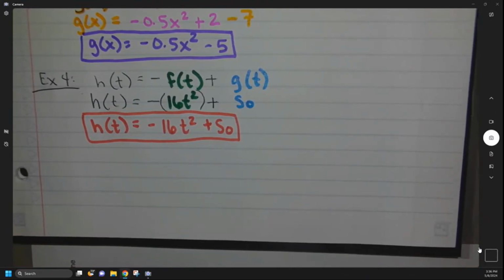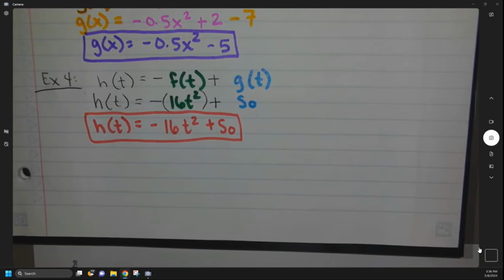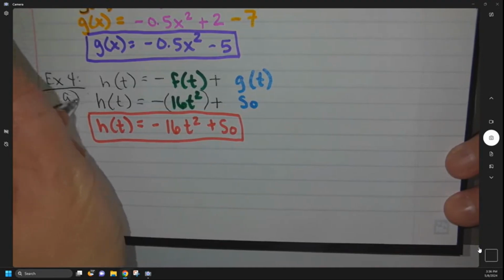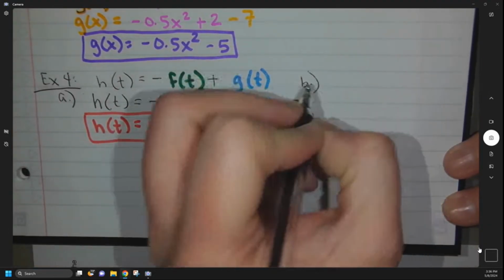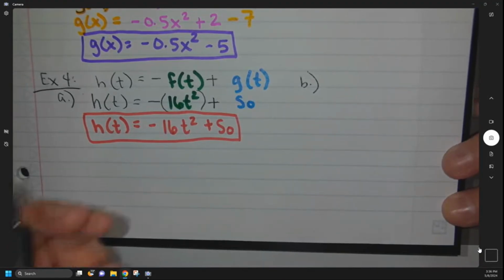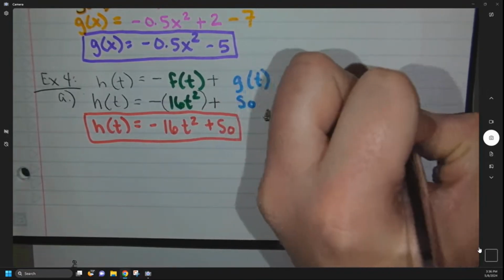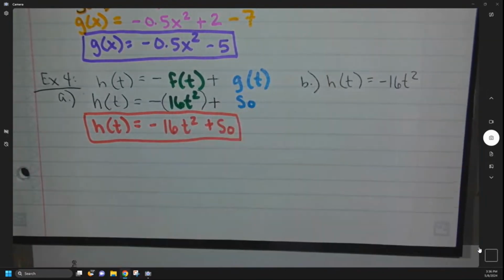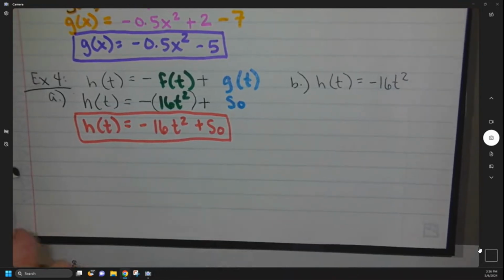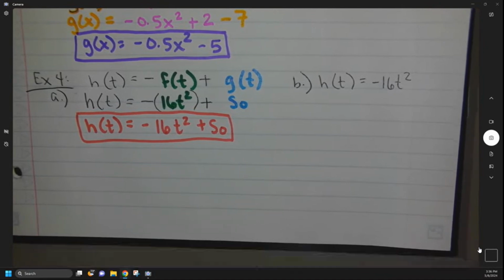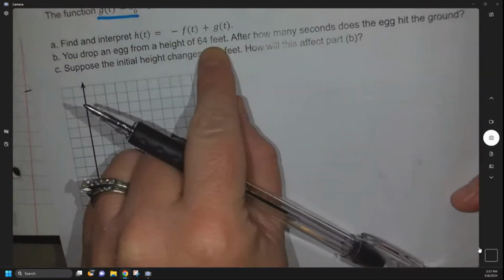Part B says, you drop an egg from a height of 64 feet. After how many seconds does the egg hit the ground? So we're still using that same function, h of t equals negative 16t squared. Now it says that our initial height is s sub 0, and they tell us in part B that our height that we're starting from is 64 feet.